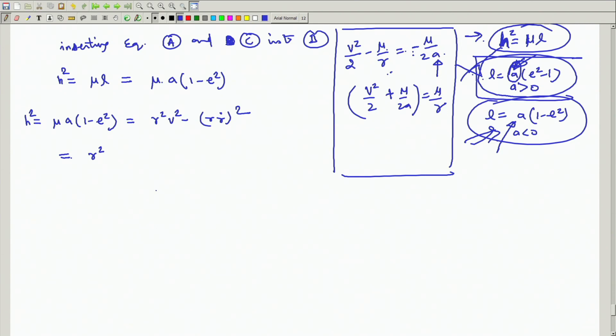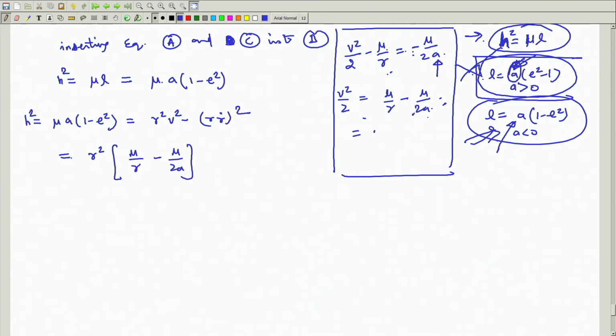What we need to replace here is this quantity v square. So, we write v square by 2 equal to mu by r minus mu by 2a. So, here r square times mu by r minus mu by 2a.